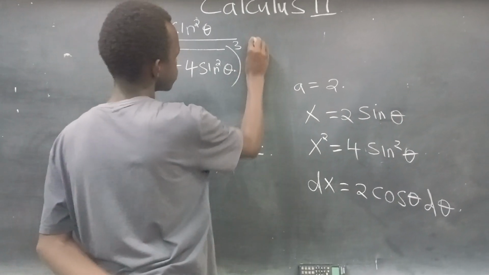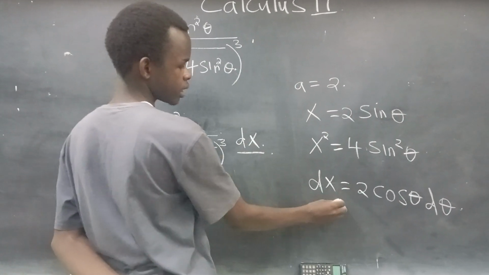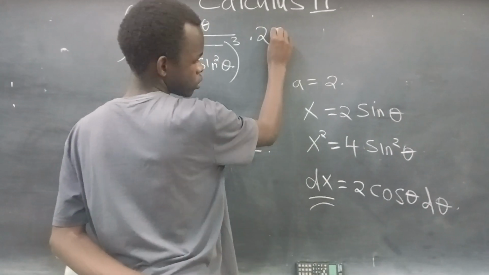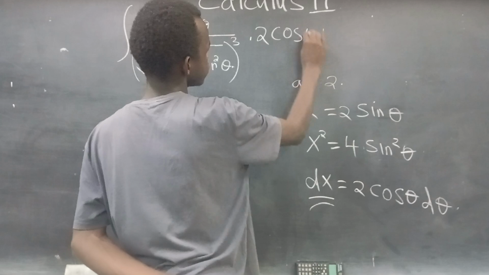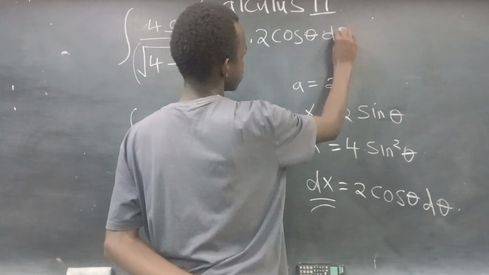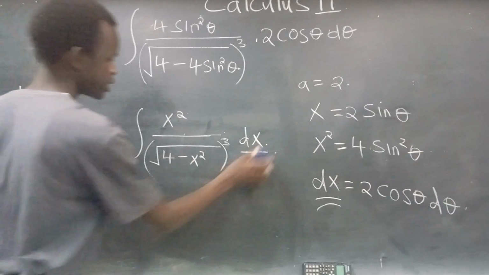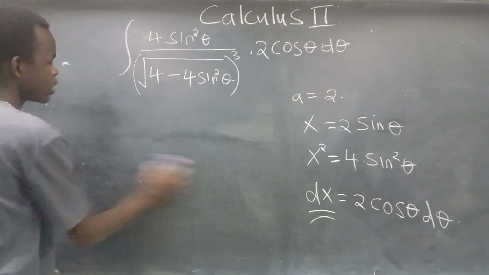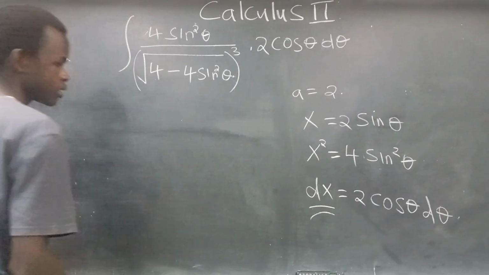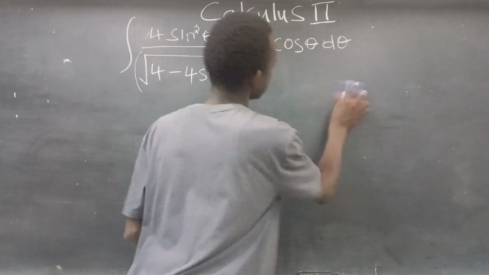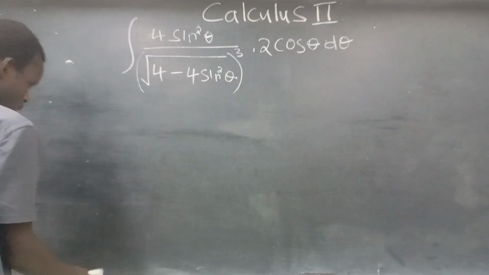Then I multiply by dx, which is 2 cos theta d theta. As you can see, the procedure is very simple.